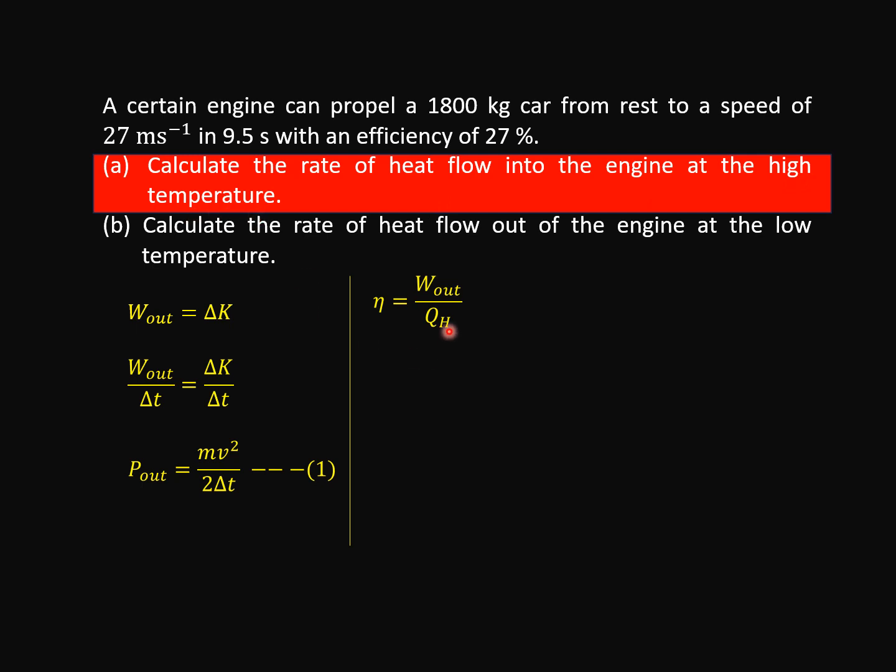H refers to the high temperature. We now divide the output work by the delta T, and the QH also divide by the delta T, so that we will have the eta in terms of the ratio of these two powers.